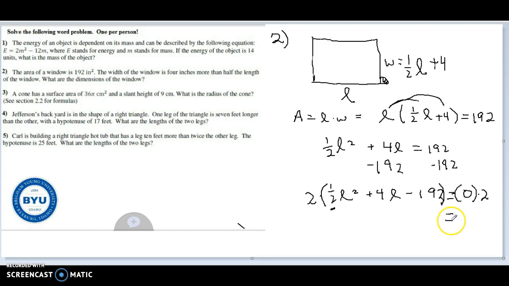On the right we'll have just 0. And we'll have 2 times 1/2 L squared is L squared. 2 times 4L is 8L. And 2 times 192 is 384.